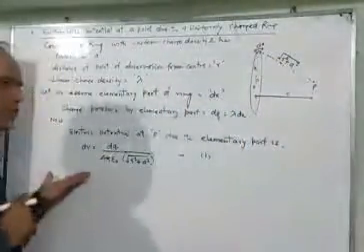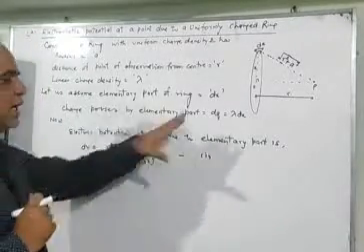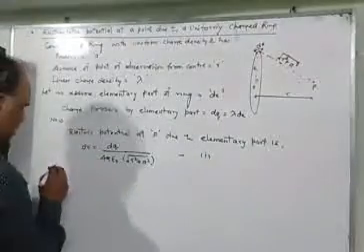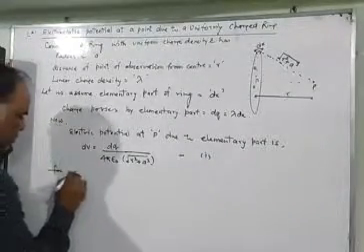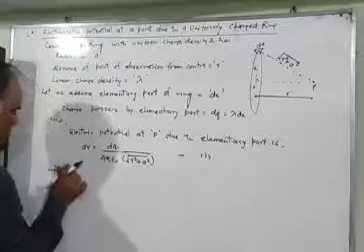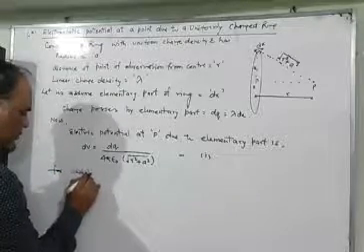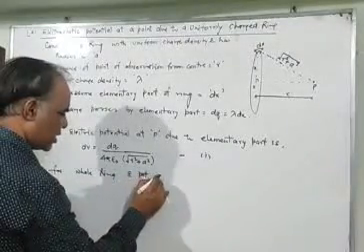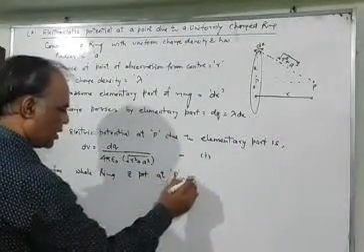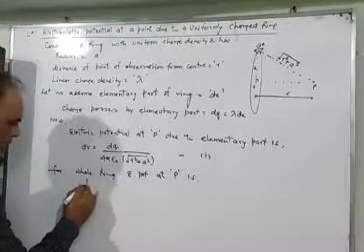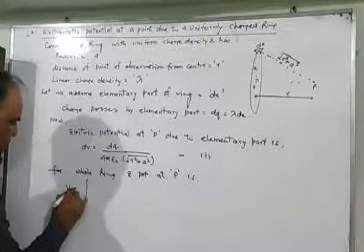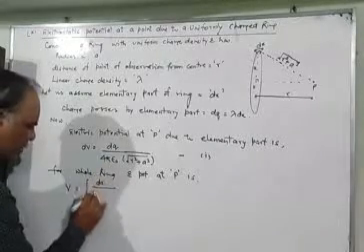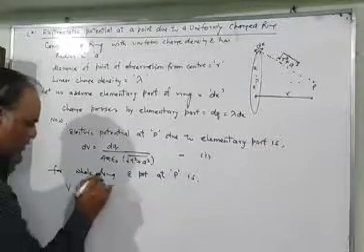So now for the entire ring, electrostatic potential at P is, we have to integrate this part, V is equal to dq upon 4 pi epsilon naught.